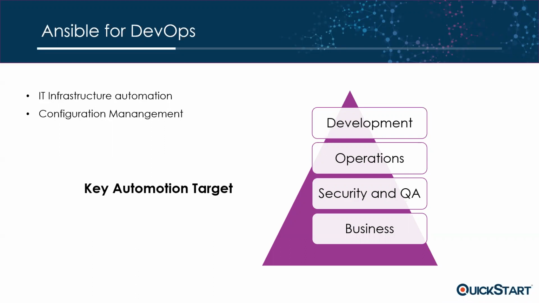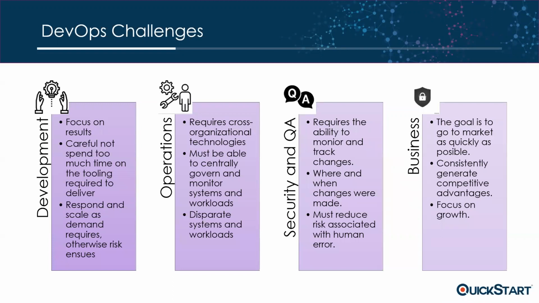So what are the DevOps challenges that I mentioned? First, let's consider some DevOps challenges. For those in dev, the focus is on results, right? It's typical. And they have to be careful not to spend too much time on the tooling required to deliver the product or service.